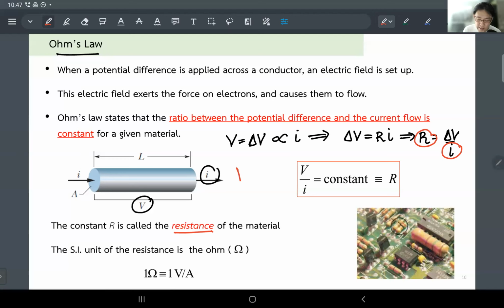You might have seen Ohm's law in terms of V equal to IR, or you probably have seen I equal to V over R. These are all Ohm's law. So in essence, Ohm's law is just saying that the amount of current flow is linearly proportional to the potential difference across.